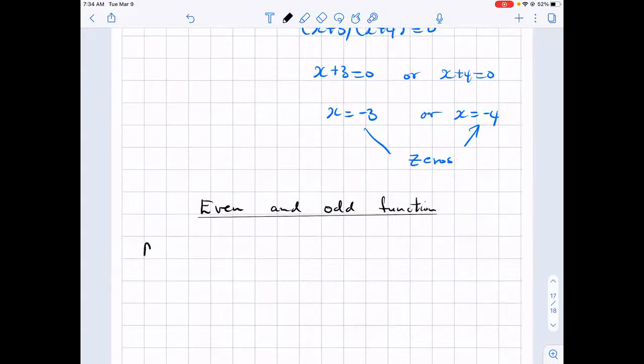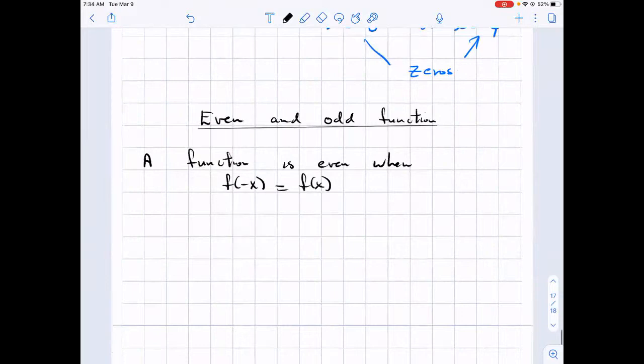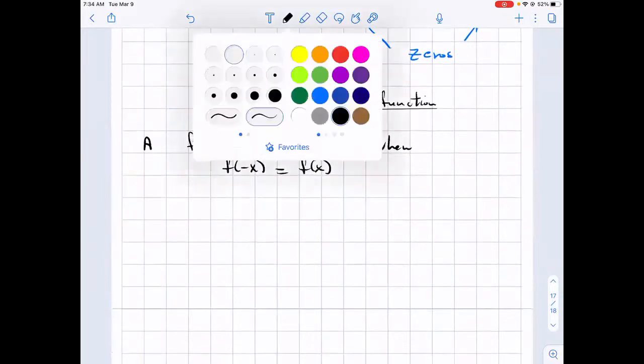So a function is even when f of minus x is equal to f of x. Okay? So what do we mean by this?